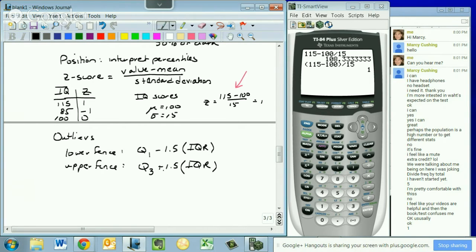And if a number is outside of those fences, it will be considered an outlier. All right, so that's pretty much the chapter. Oh, one more thing, I just thought of it, box plots.